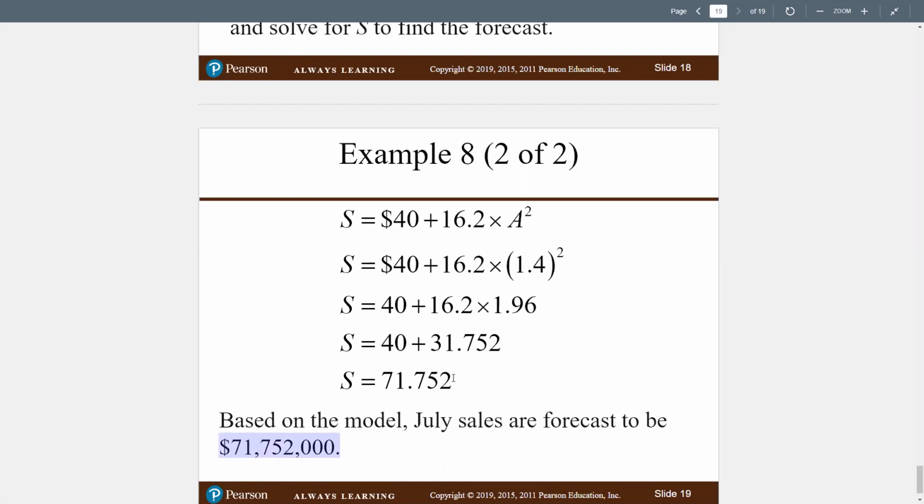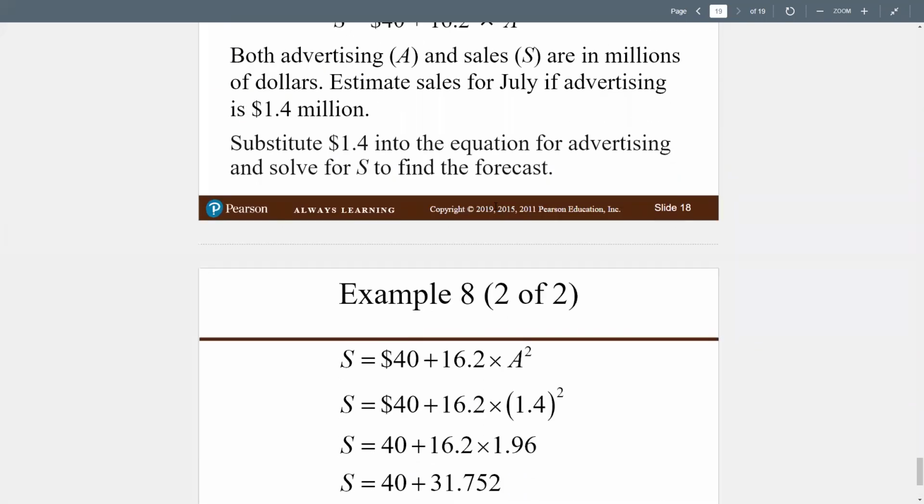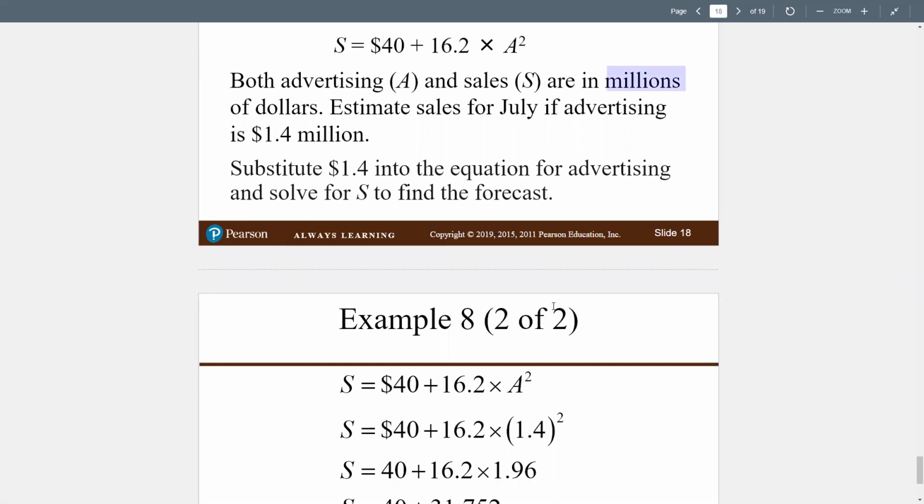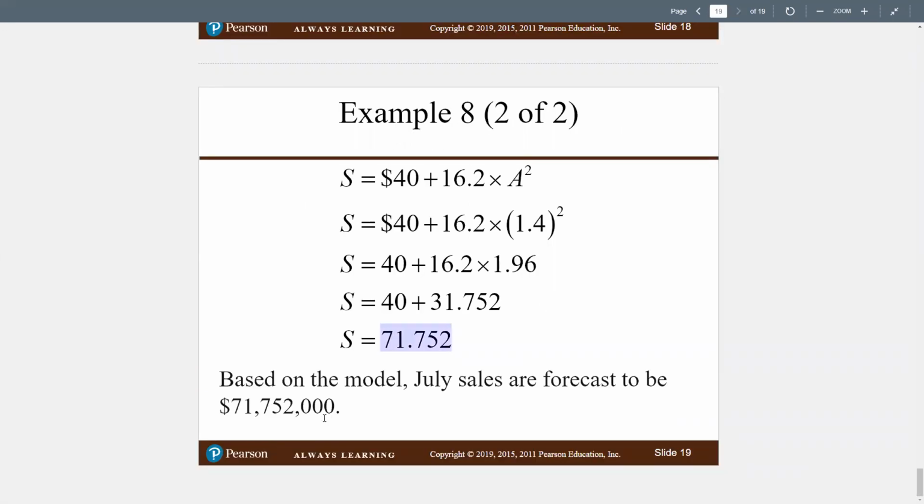Obviously, what did you have to remember to do from this answer to this answer? Change it to dollars. Yeah, so not only did we change it to dollars, but we had to remember that they were in millions of dollars. So that's literally all they did.